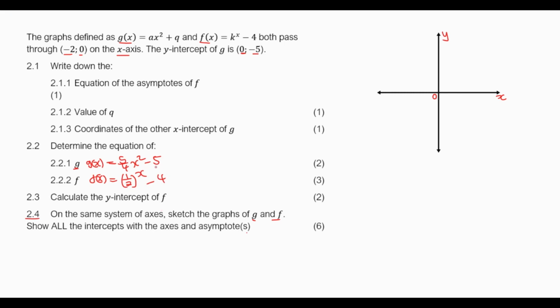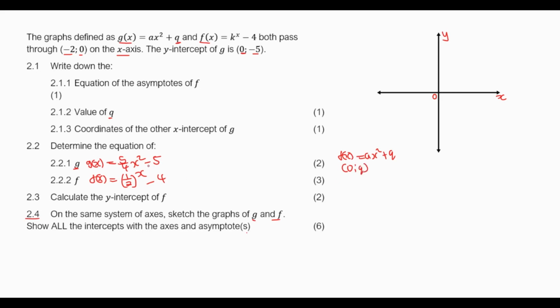From the equation, we can find the coordinates of the turning point or the coordinates of the y-intercept. From the value of q, we can get the coordinates of the turning point. For the function of the form f of x is equal to ax squared plus q, the coordinates of the turning point are 0, q. Remember that.